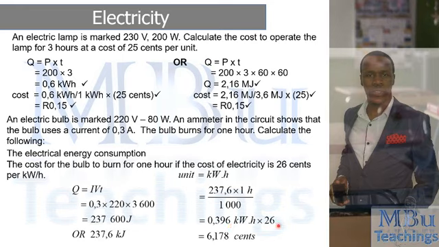Then again we multiply by our 26 cents to get the final answer. So this is how we will get our answer in this section of questions. Okay, let's do another example, guys.